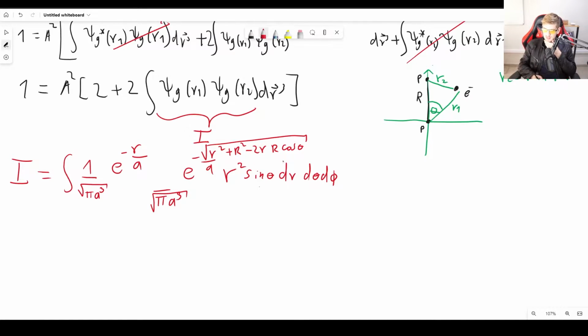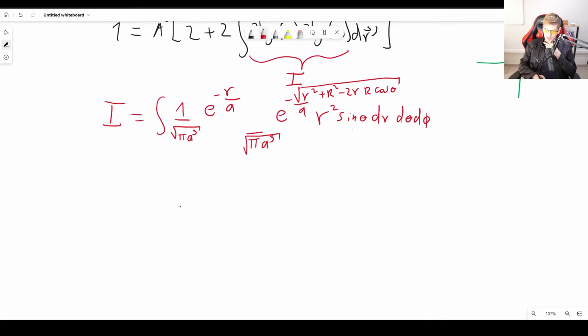So the easiest integrals to do here are, of course, the phi integral and the theta. So the phi we can do right away. There's no phi dependence, so we get 2 pi, remembering that the limit goes from 0 to 2 pi, of course. Then we can pull the constants outside.